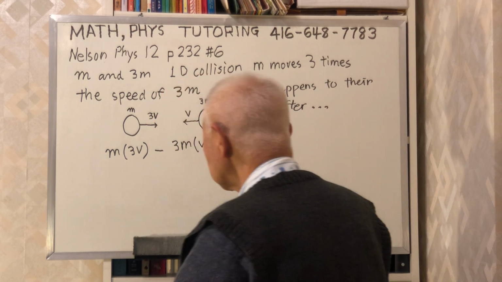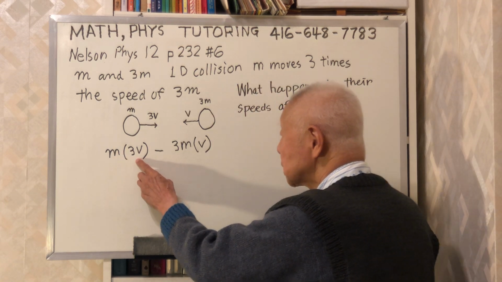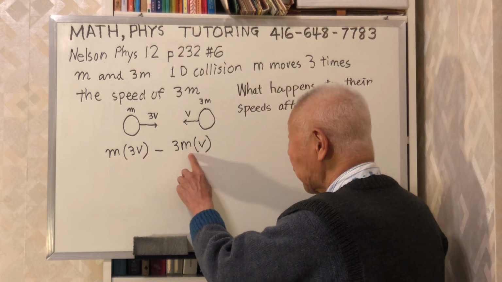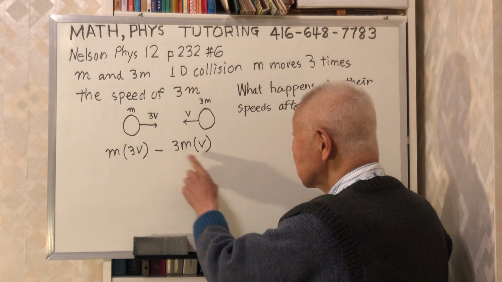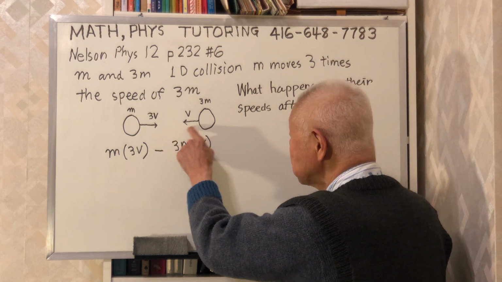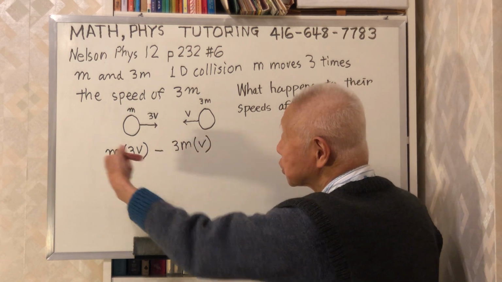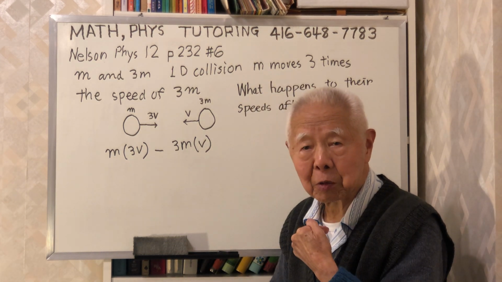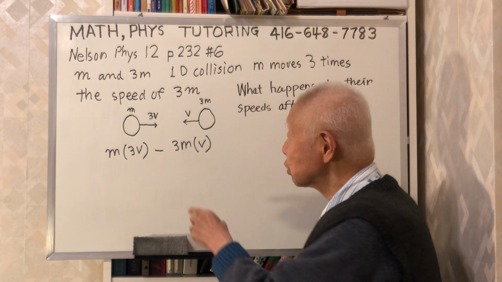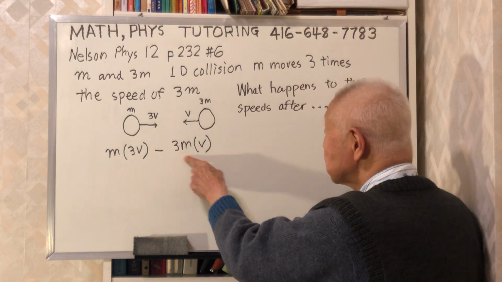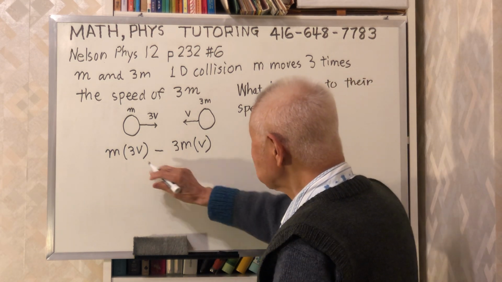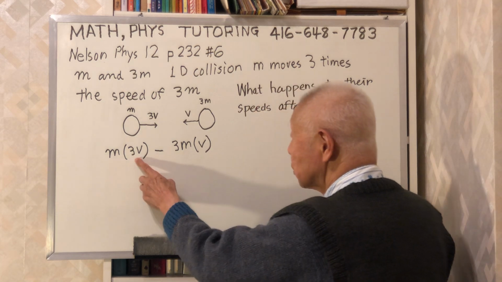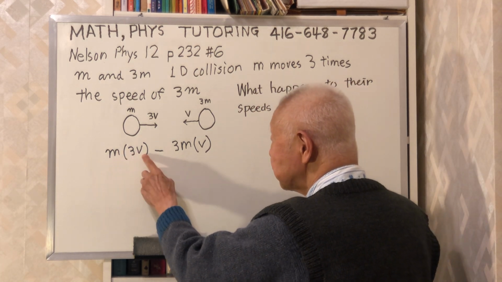Mass times speed. They are in opposite directions, so I choose the right-hand direction to be positive, and this negative. Now you see, this is 3mv.